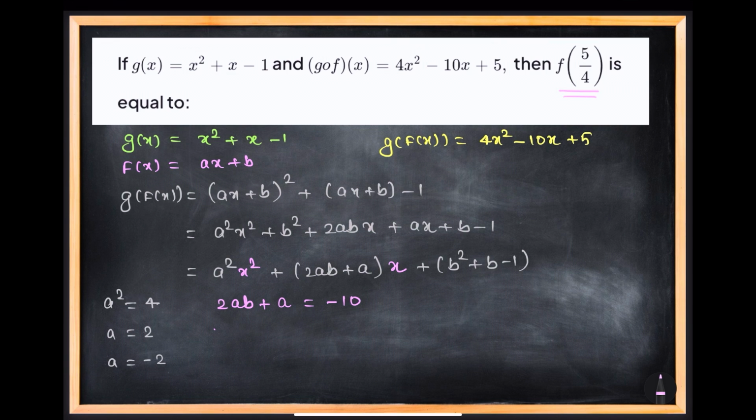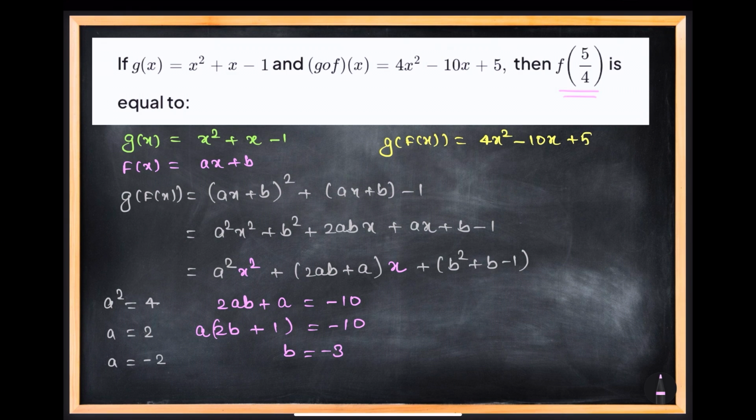We will have 2 times (2b plus 1) is equal to minus 10. So if a is 2, we will have minus 5, so 2b plus 1 is minus 5, 2b is minus 6, and minus 6 by 2 is minus 3. So b is minus 3 if a is 2.